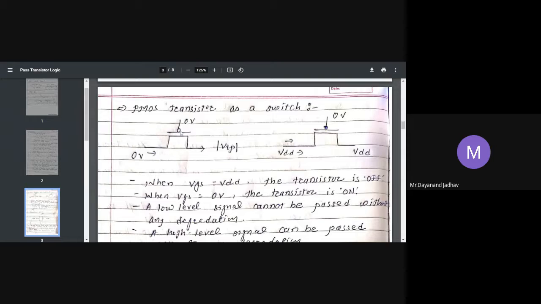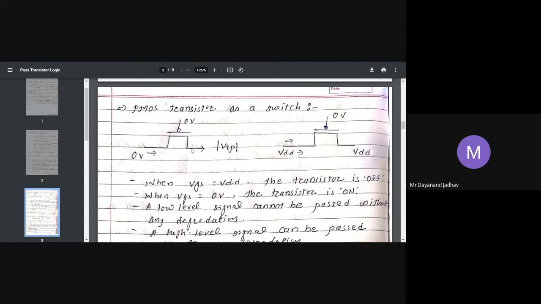Because of this bubble, when there is a positive voltage, it is in the off state. If 1 is given, meaning 5 volts, the PMOS transistor is off, while in NMOS the given 1 puts it in the on state. When VGS equals 0 volt, the PMOS transistor is in the on state.